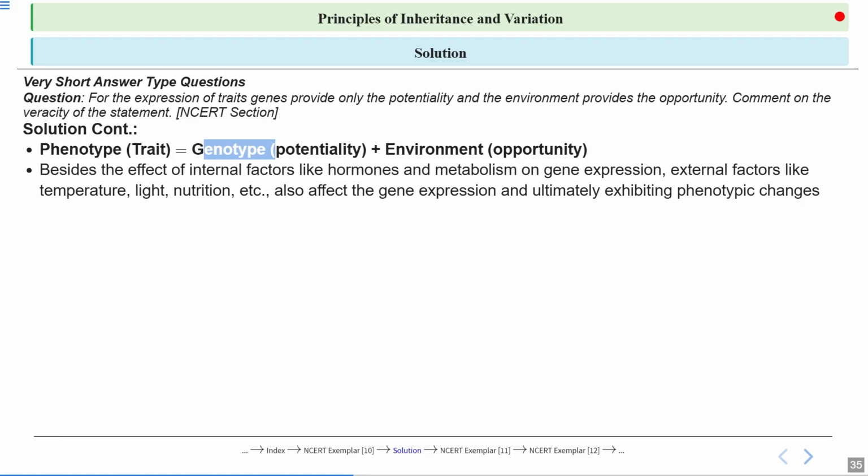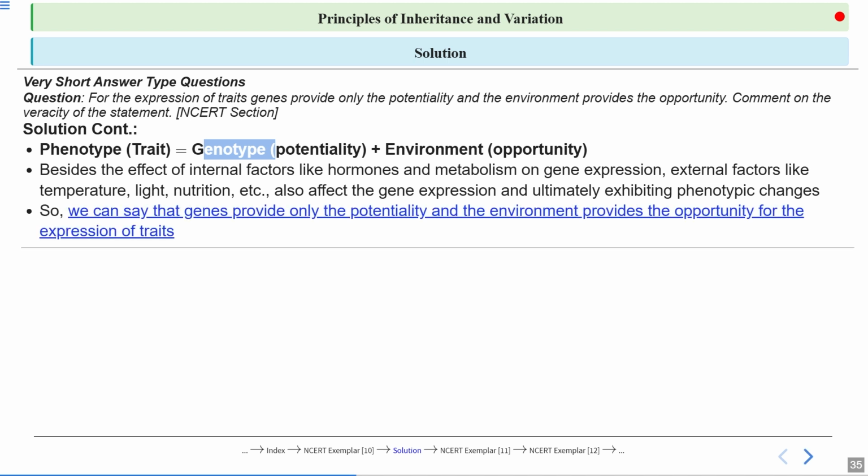For example, skin color. Skin color is controlled by multiple genes, and it is also affected by the environment. So if a person goes in sunlight, the amount of melanin increases and the color of that person becomes dark. So we can say that genes provide only the potentiality and the environment provides the opportunity for the expression of the trait.